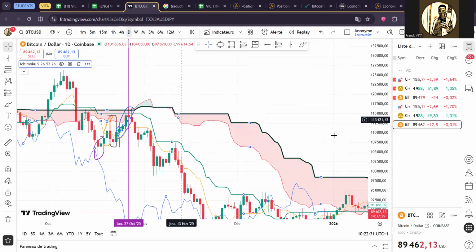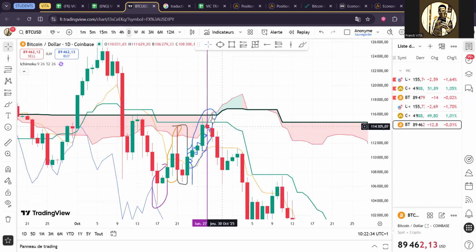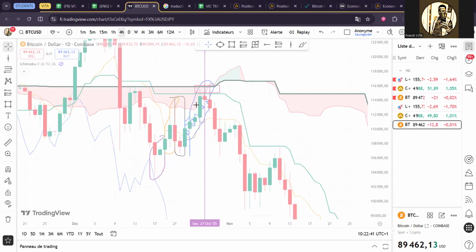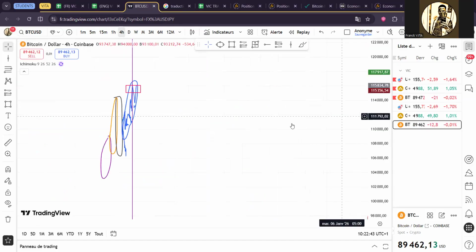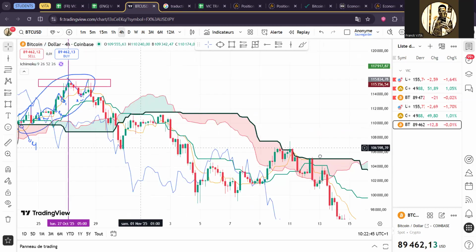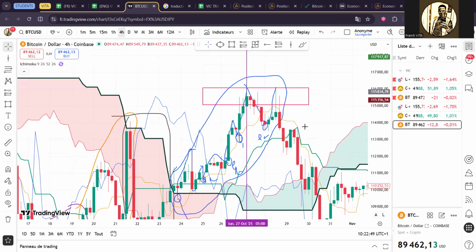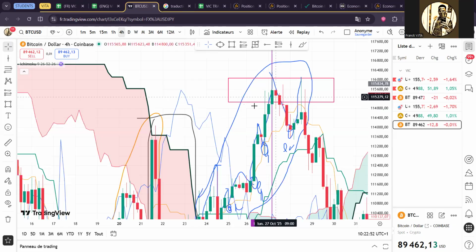You will see that inside the daily, at this level, we had a Kijun setup, right? So when we go back on 4 hour, you will see that this empty space on 4 hour is not just a random empty space. It's an empty space that has a daily Kijun setup.